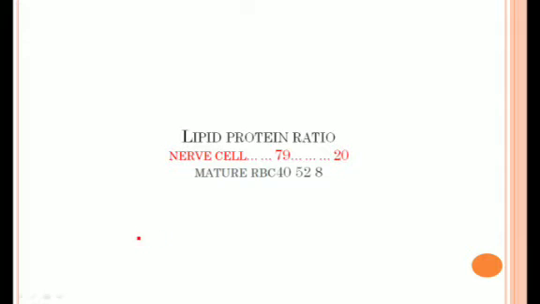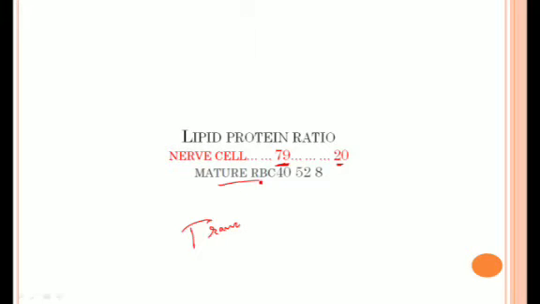we are going to see the proportions of lipid, protein and carbohydrate in the plasma membrane. Sorry, it's lipid: 79% is lipid and 20% is protein. That means the presence of lipid is prominent there.